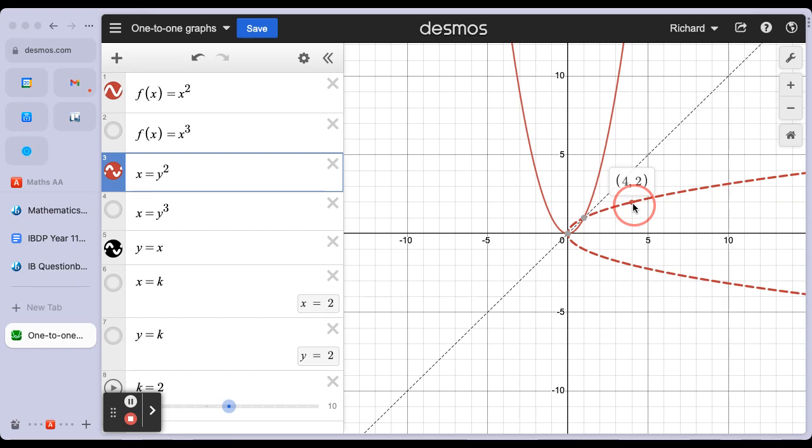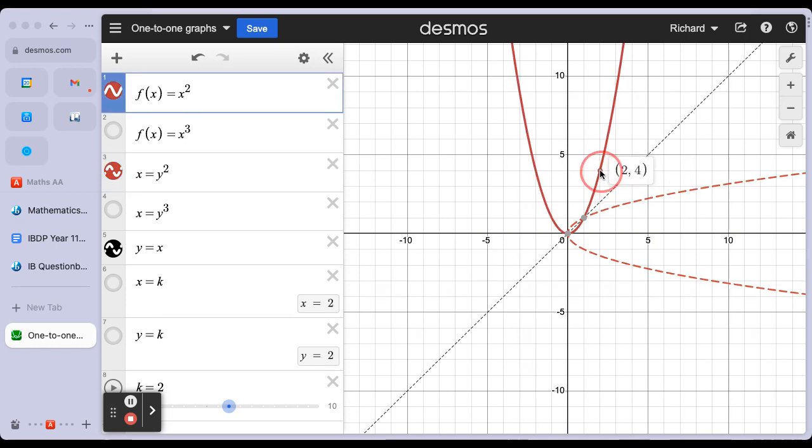So the inverse's domain is the same as the original function's range, and the inverse's range is the same as the original function's domain. Okay, so what does that all mean? It means that on the inverse, I've got 4, 2, and on the original function, I've got 2, 4. And that's true for every point.